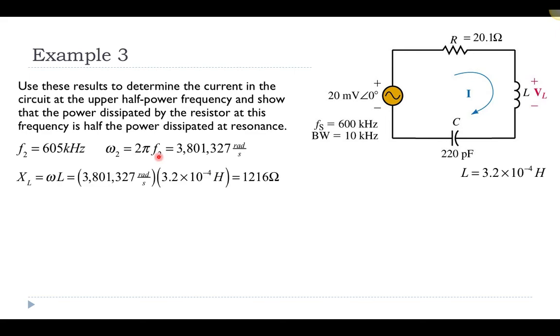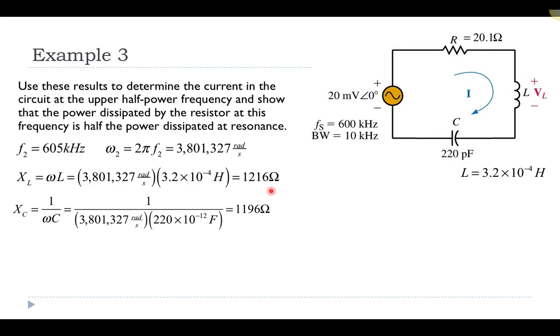That allows us to determine the inductive reactance by multiplying the angular frequency times the inductance in our circuit, and we get 1,216 ohms. We can also calculate the capacitive reactance, which is 1 over the angular frequency times the capacitance, and we get 1,196 ohms.